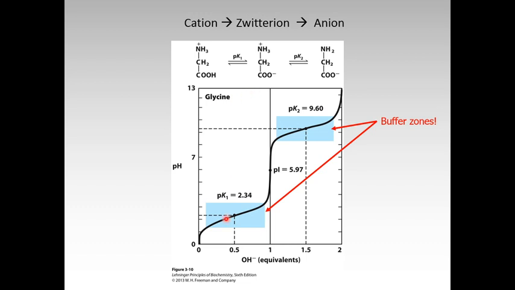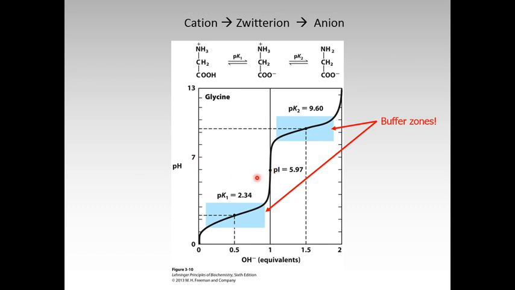Now, as the titration of the glycine proceeds, you're adding more and more sodium hydroxide, and another important point is reached, at pH 5.97.